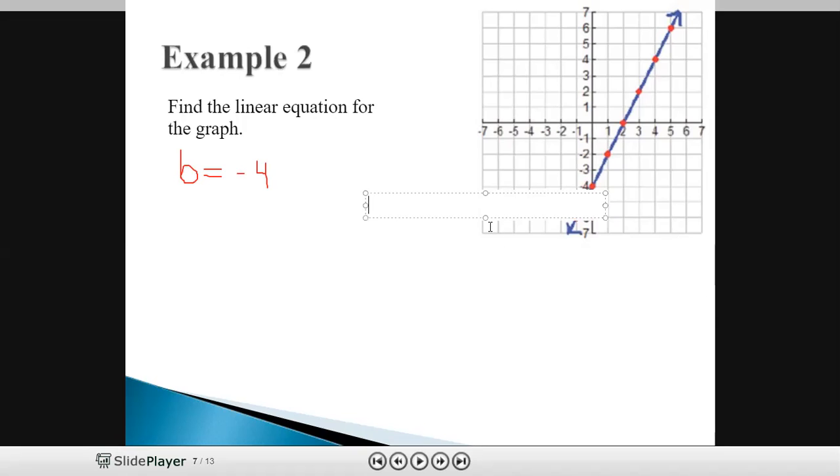You will choose 2 ordered pairs, 1 and -2. So this is the first ordered pair. And the second ordered pair, choose any other point.